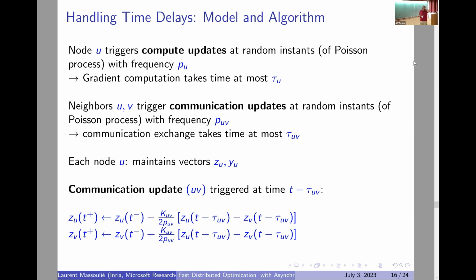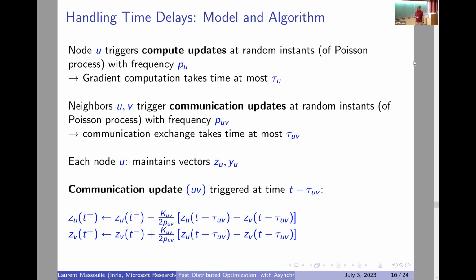So assume a pair of nodes U and V decided at some time t minus tau sub UV to communicate. So we know that the communication will be complete by time t. And so what we assume is that they would decide to exchange their z variables as they were at the time where they started to exchange, so at time t minus tau sub UV.